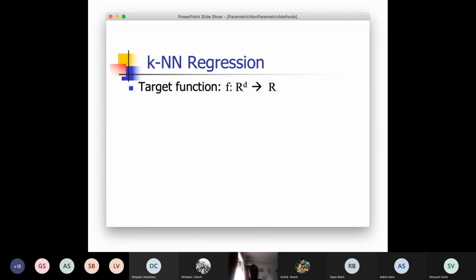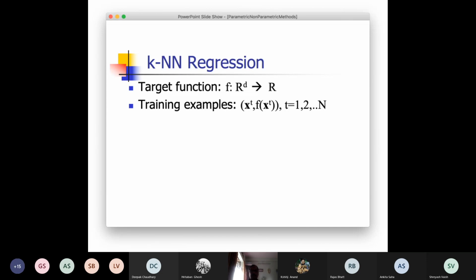As you know, in regression the target function is in this form. In classification, you are mapping to a set of classes, whereas in regression, you are mapping an input to a value, a real value, a value in the real space. So it is defined in the form of a function.